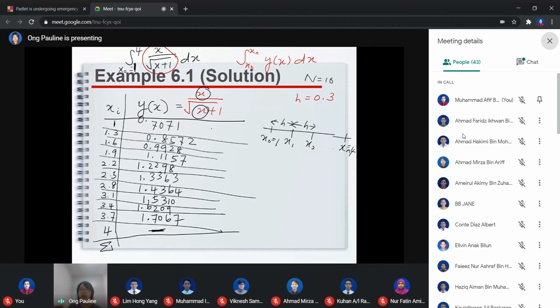I just need to sum up the values y0, y1, until yn minus 1, and find out the summation here.